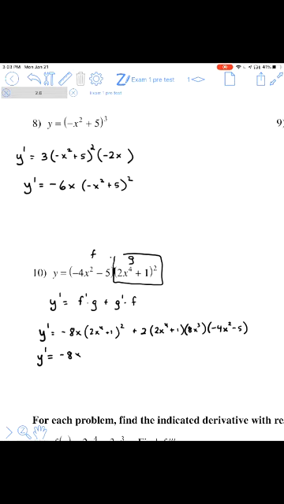I'm going to try to factor some things out. Well, first simplify and then factor out some common factors. There's not much to factor out there or to simplify. But here, the 2 and the 8x cubed, I'm going to call that 16x cubed. And then we have the 2x to the 4th plus 1, and then that's multiplied by negative 4x squared minus 5.